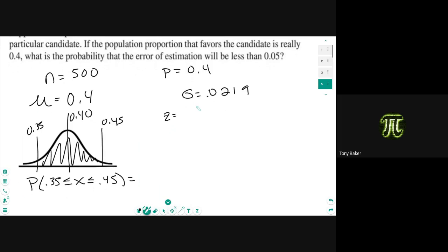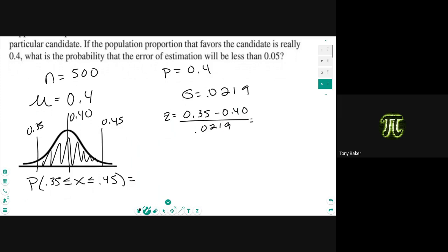So since it's symmetrical, the same thing on both sides, I only need to find one z-score. It's going to be the plus or minus of that version. So I'll do the negative one. It doesn't matter, just because I already have that answer done. Negative 2.28.